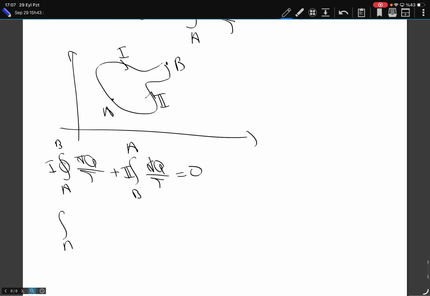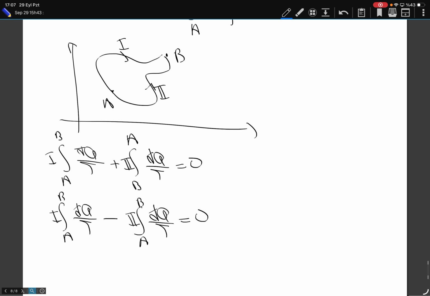So there's no loop. The integral as I go from A to B along path 1 of dq by T, minus, if I change the limits of integration, there's a sign change, the integral from A to B along path 2 of dq by T, this should be 0.